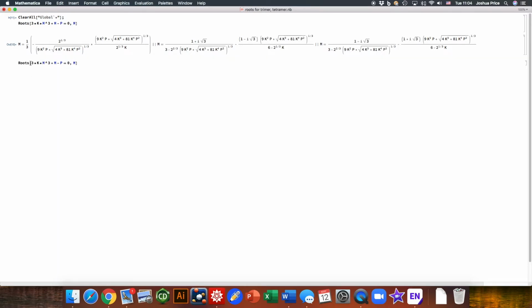So we just need to alter this polynomial a little bit. For the monomer-tetramer equilibrium, the expression is 4 k m to the 4th plus m minus p equals 0. We want to see what values of m satisfy that equation.